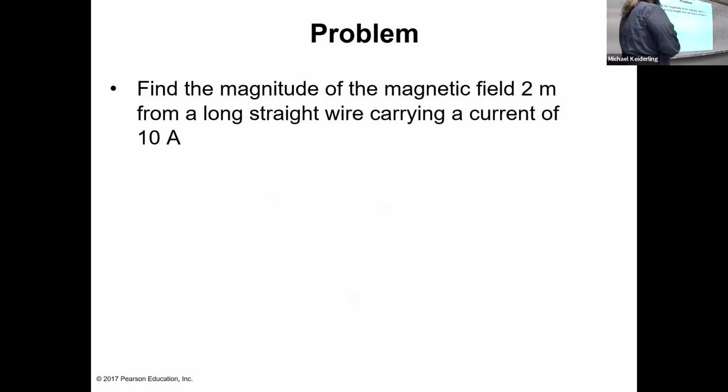Here we want to find the magnitude of the magnetic field that is 2 meters away from a long straight wire that's carrying a current of 10 amps.